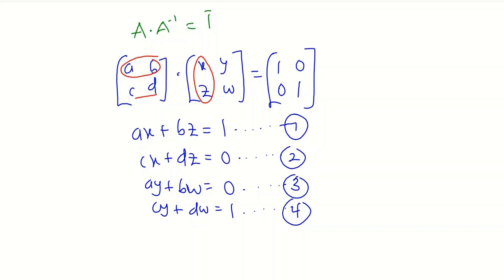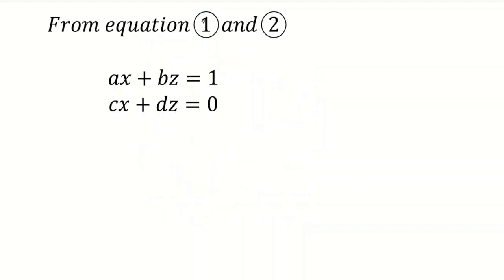So from equations 1 and 2, we know AX plus BZ is equal to 1 and CX plus DZ is equal to 0.